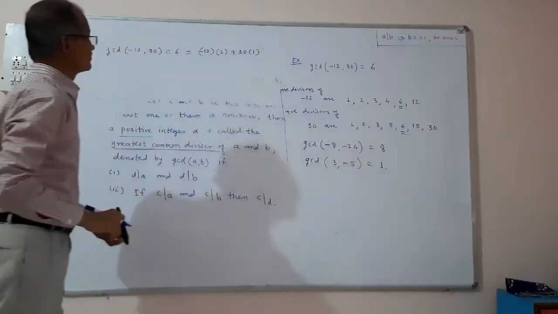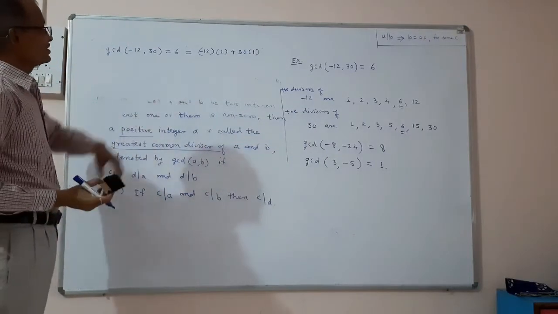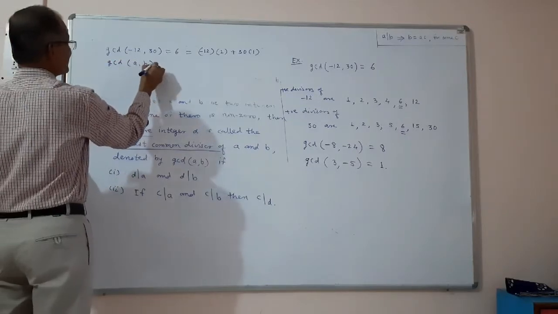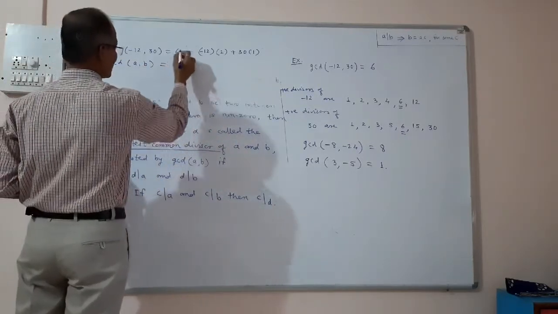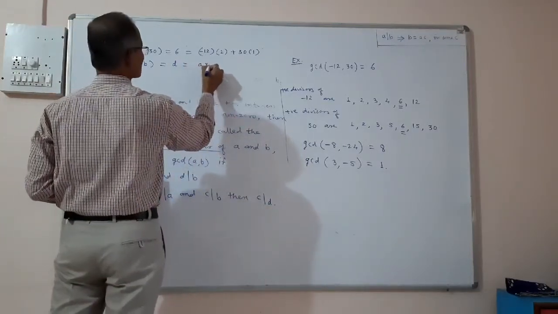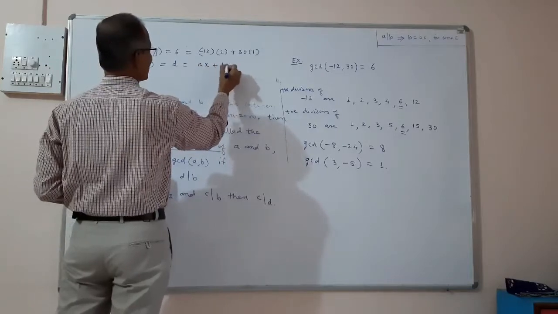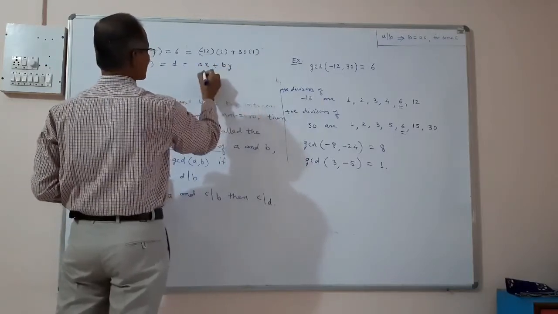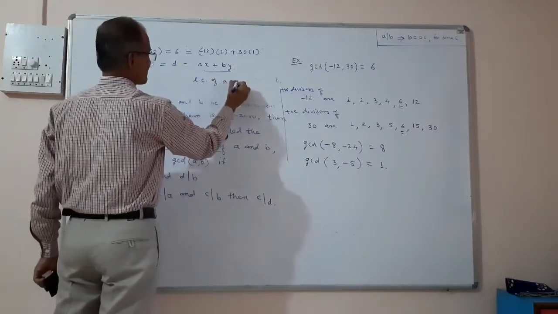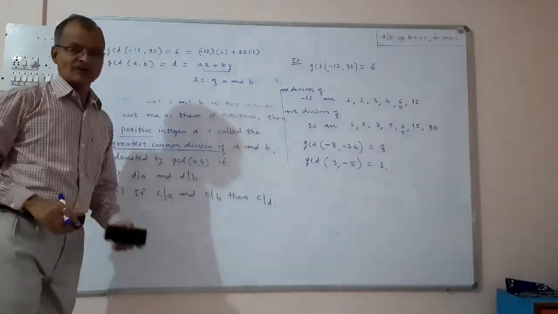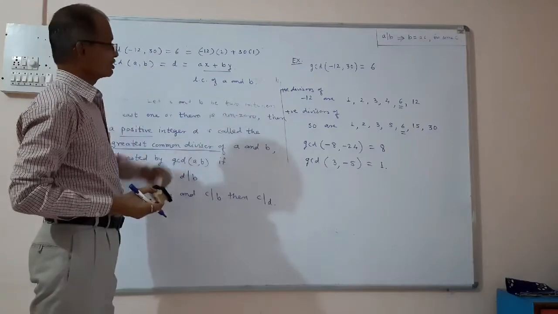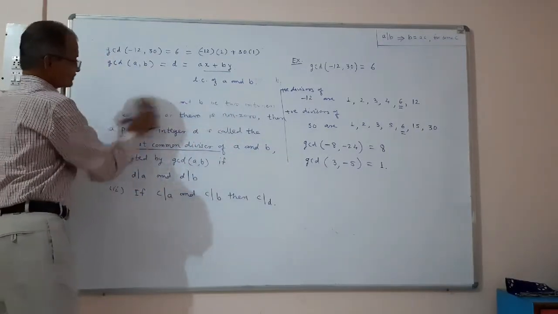So 30 minus 24, that is 6. So if the GCD of A and B is D, it is written as AX plus BY, where here X is 2 and Y is 1. This is called a linear combination of A and B. And this is a property of the greatest common divisor: the greatest common divisor can be written as a linear combination of the two integers.